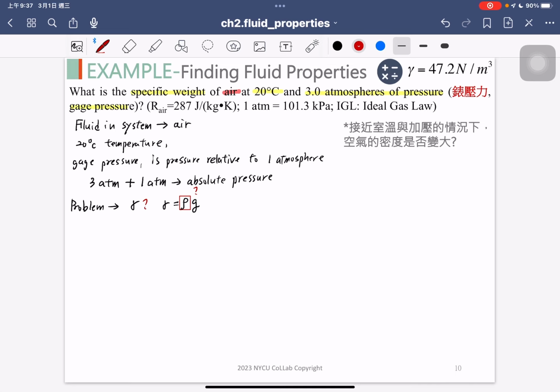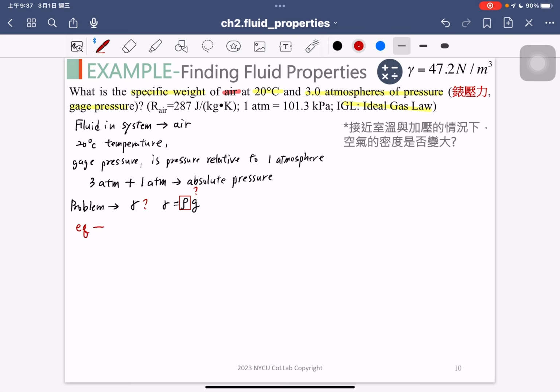Since the topic is air, we can use the ideal gas law. If you remember the relationship, we have the equation.